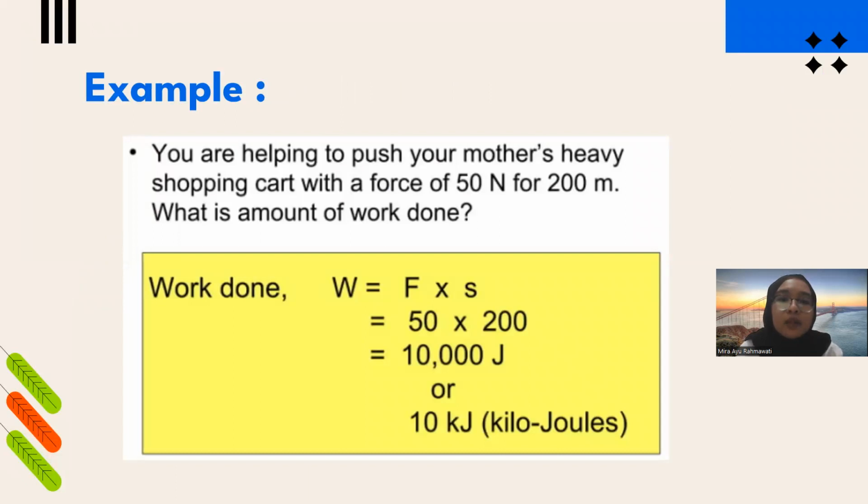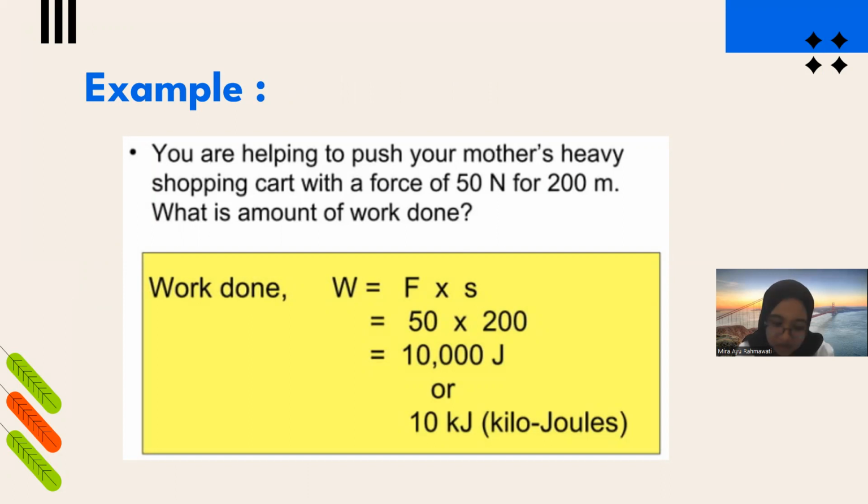Example, you are helping to push your mother's shopping cart with a force of 50 Newton for 200 meters. What is the amount of work done?